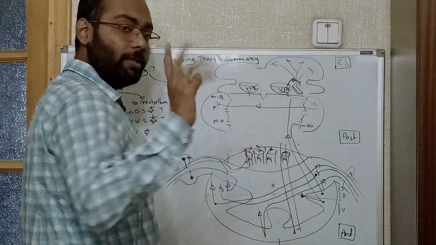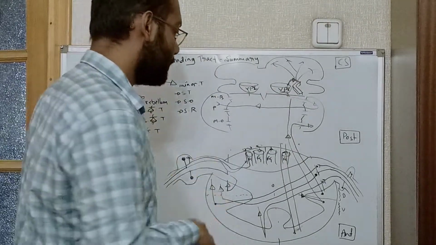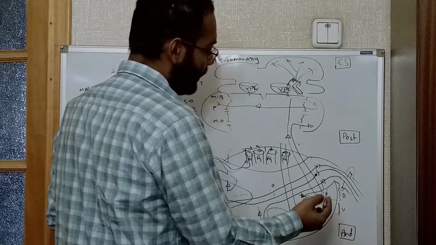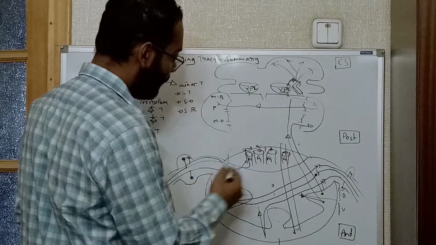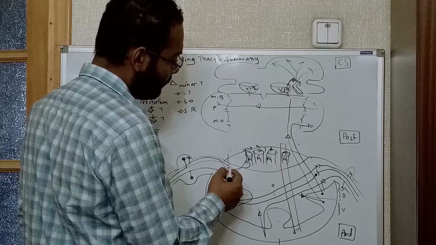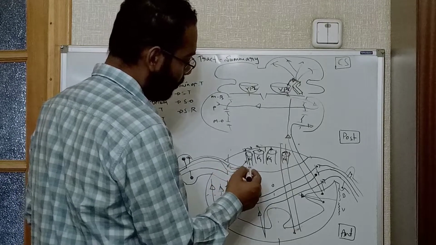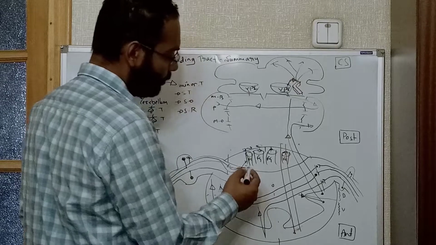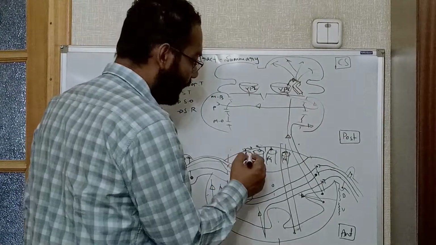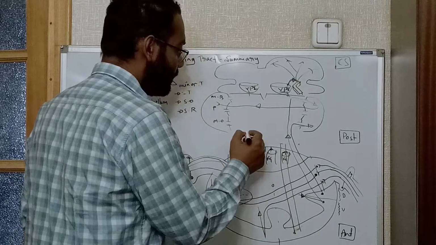Now we are left with the cuneocerebellar tract. So what is this? I told you guys that, see here, one fiber was coming like this and just going to the fasciculus cuneatus, and along this fasciculus cuneatus is moving upward.